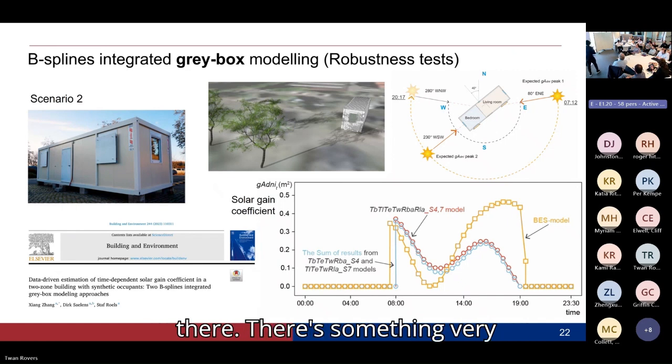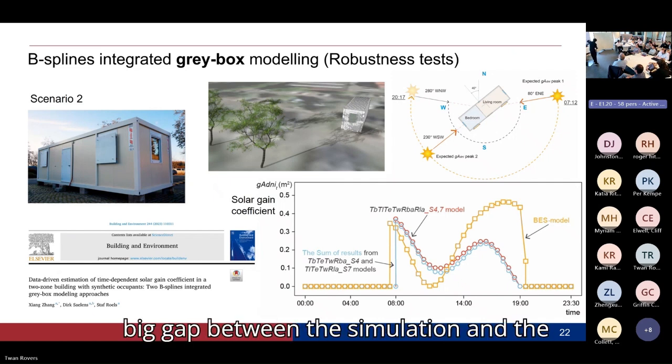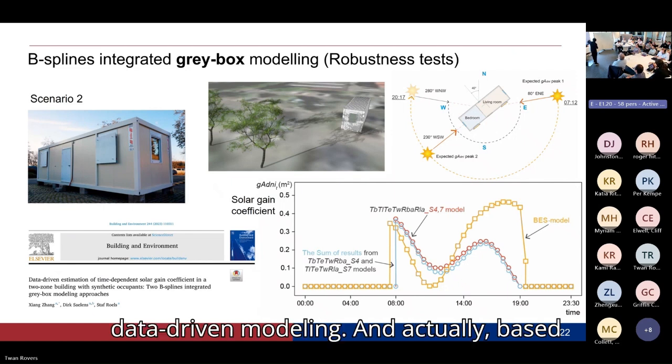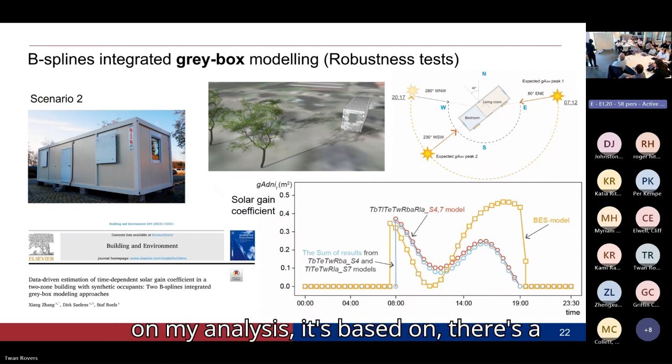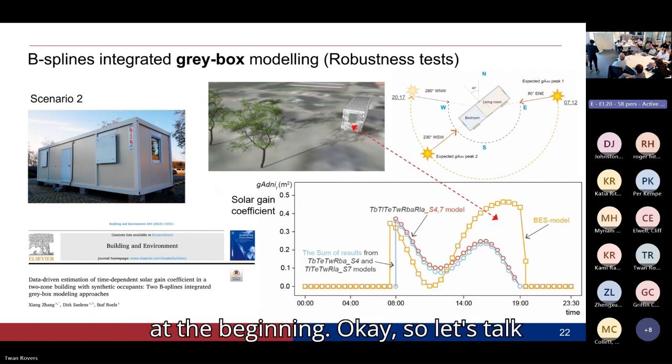There's something very interesting. The orange curve refers to the simulation, and you can see a big gap between the simulation and the data-driven modeling. Based on my analysis, it's because there's a tree I didn't model in the simulation. That's again linked to what I mentioned at the beginning.